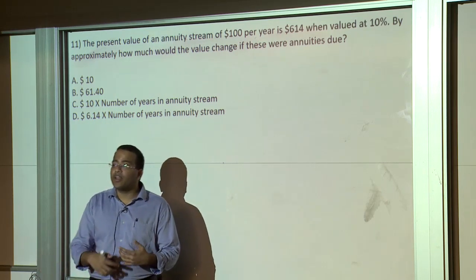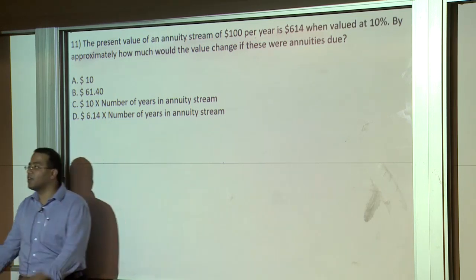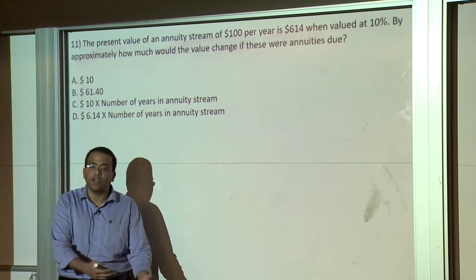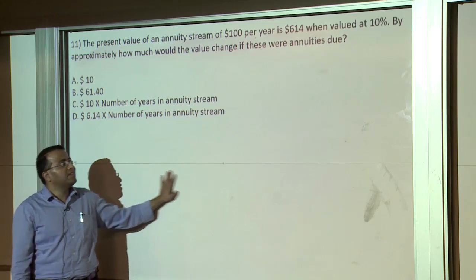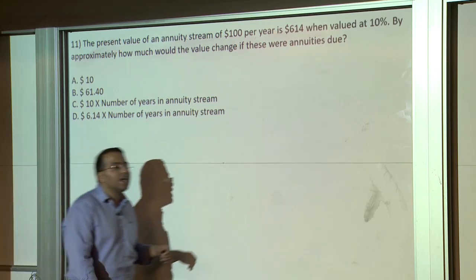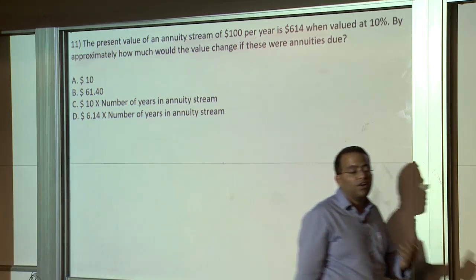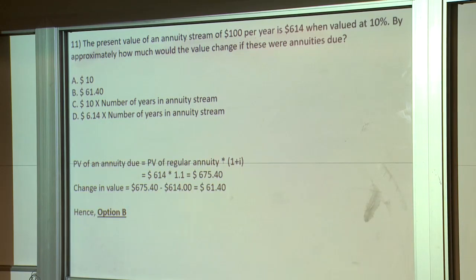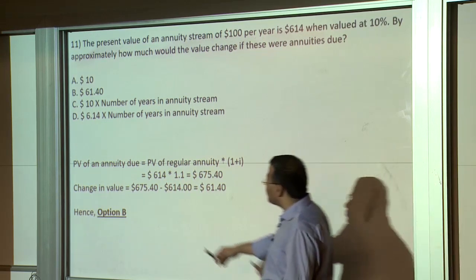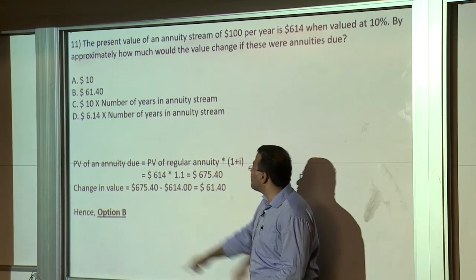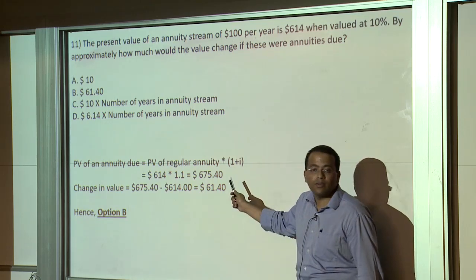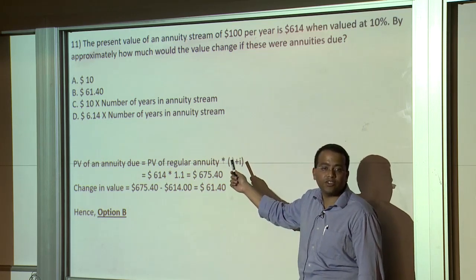It's called a regular annuity if the payments are at the end of the year, but an annuity due if the payments are at the beginning of the period. There's a very simple formula which links the two: the present value of an annuity due is simply equal to the present value of a regular annuity multiplied by 1 plus I, where I stands for the interest rate in percentage.